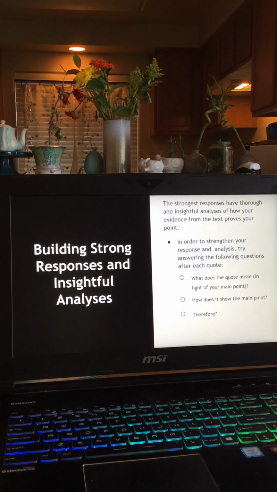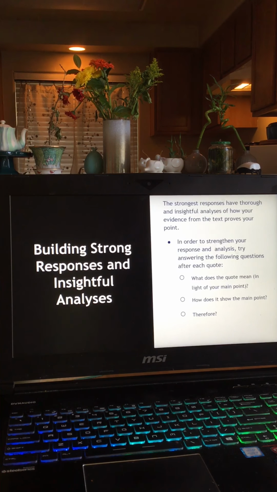So let's look at this part right here. There are 3 questions that I'm going to have you ask as you get to the end of each of your short responses. Because you're including evidence in all of these using a quote, you'll ask yourself: what does your quote mean in the context of your main point? So you have a main point, you're going to include some evidence, and your evidence needs to prove your main point.